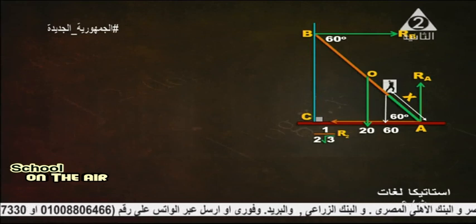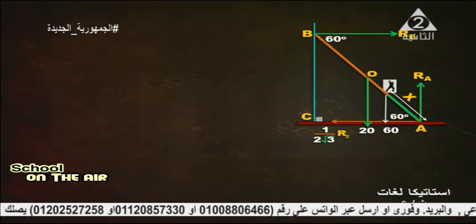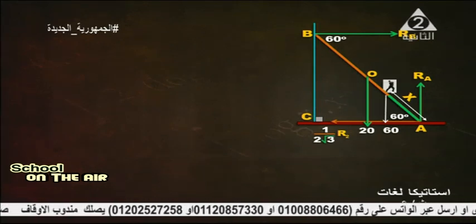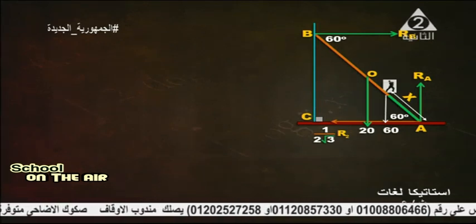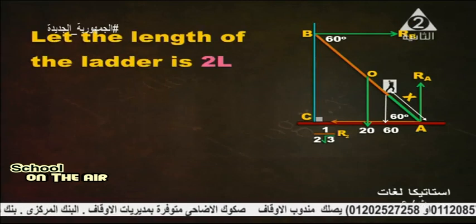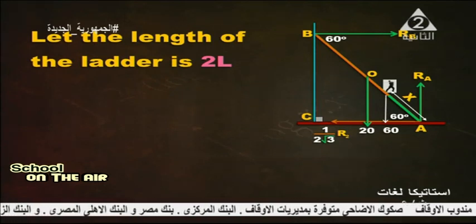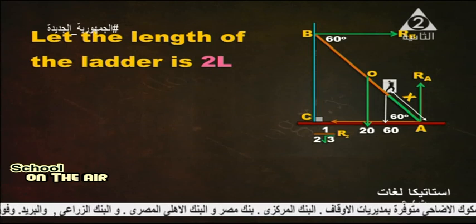And the ladder's other end at B is on a smooth vertical wall. What do you mean? The reaction is perpendicular to the wall. At first, we let the length of the ladder be 2L.